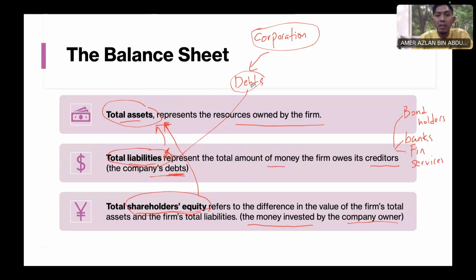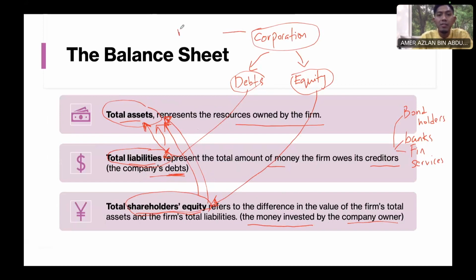So they can get the money from the issuance of debt or by borrowing from creditors to finance the assets that they have. Secondly, the company can raise funds by getting people to invest in the company. This is what we refer to as shareholders' equity. So it's the money invested by the company owner to finance the assets.